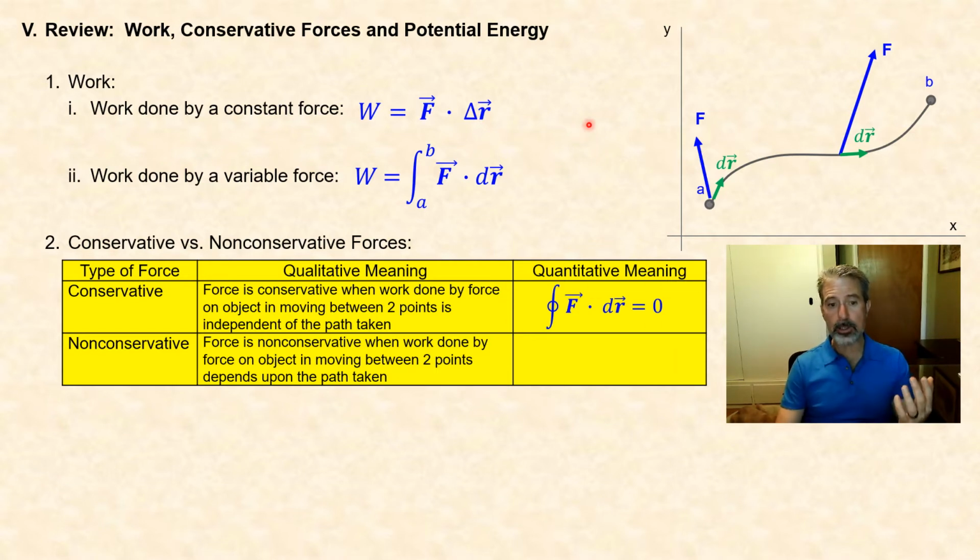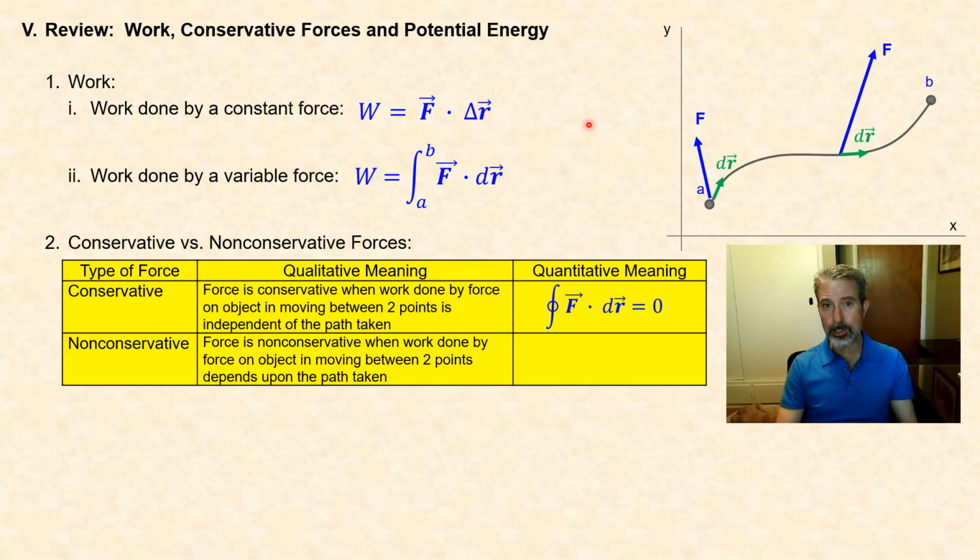And likewise, if the force is non-conservative, then the work that is done by that force as it moves between 2 points in space does depend upon the path taken. You recall, for example, that friction is a non-conservative force. If you want to slide a box along the ground between 2 points in space, obviously the path taken is going to determine how much work is done by the force of friction.